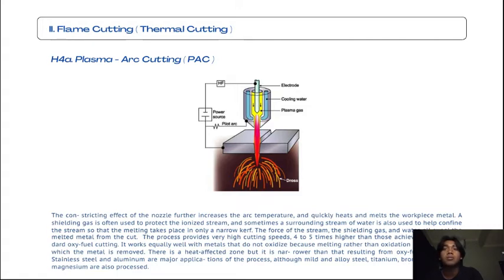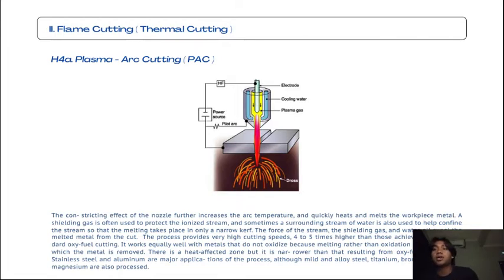Partially ionized gas is a mixture of positive charge ions, free electrons and neutral atoms as the stream's gas leaves the nozzle. The separate electrons are combined with the gas atoms and release additional energy. The constricting effect of the nozzle further increases the arc temperature, which quickly heats and melts the workpiece metal.